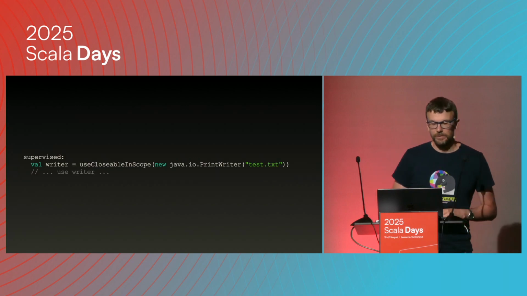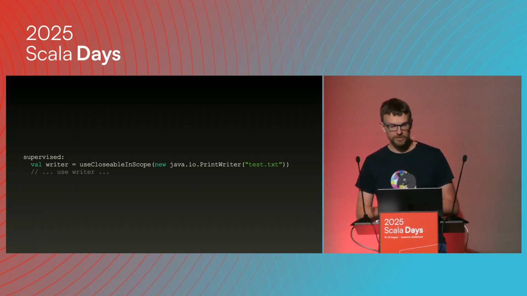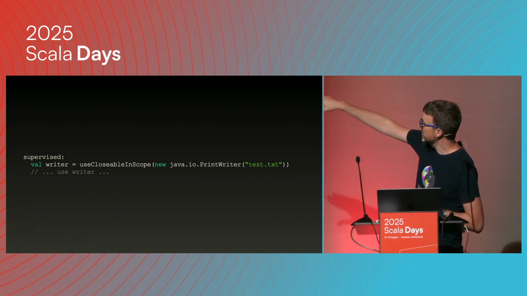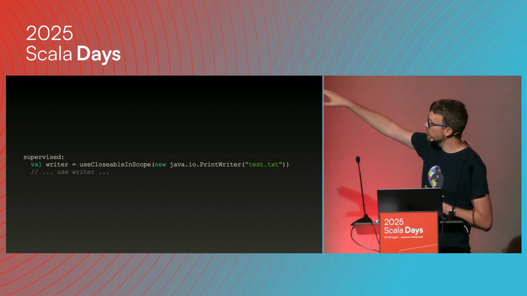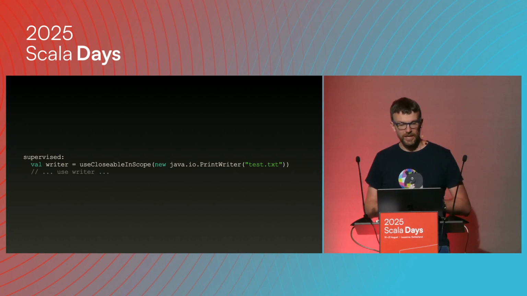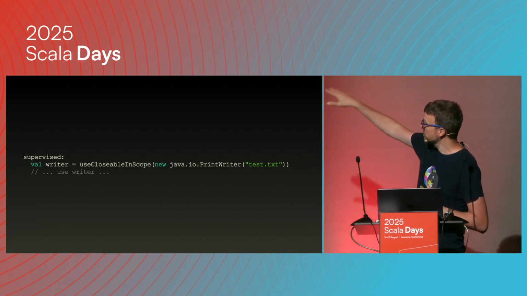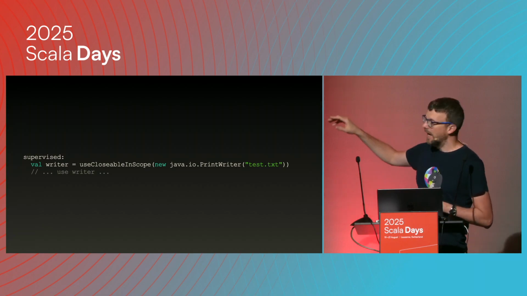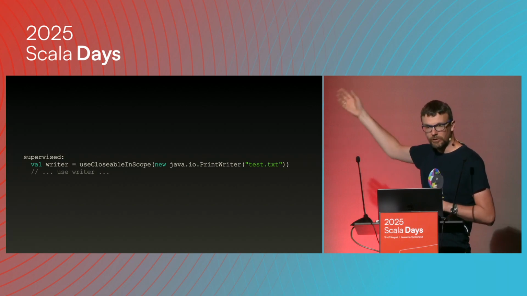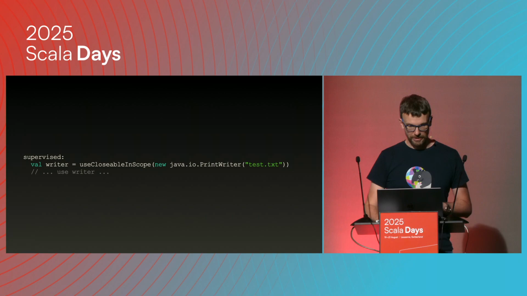Another way of using resources is attaching resources to concurrency scopes. So here we have a concurrency scope, and we say that this resource that we allocate here should be closed whenever this scope is closed as well, right? So whenever control passes outside of this scope, this resource is guaranteed to be closed. And the scope will actually finish executing only when all of those resources are closed as well.